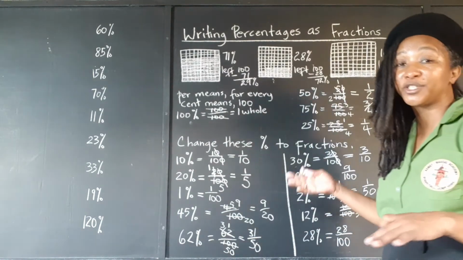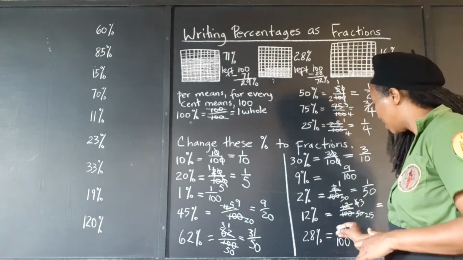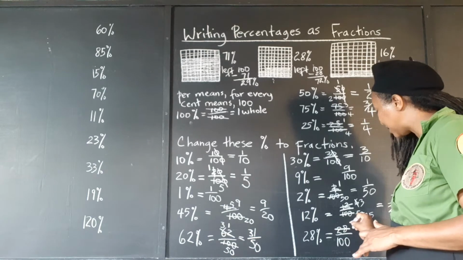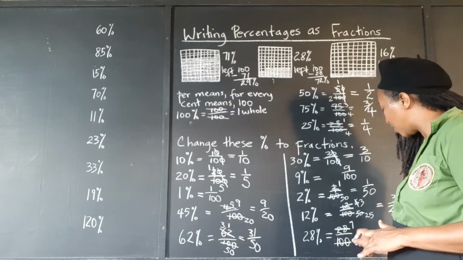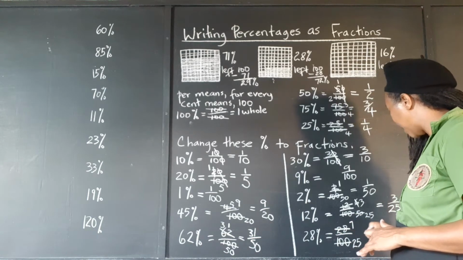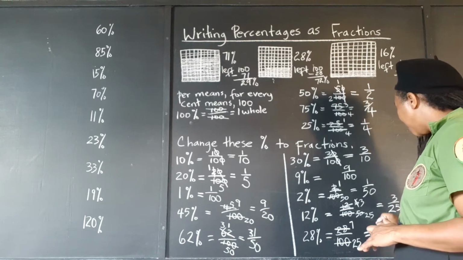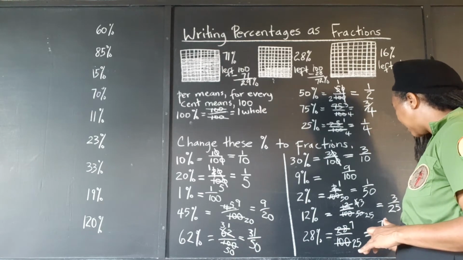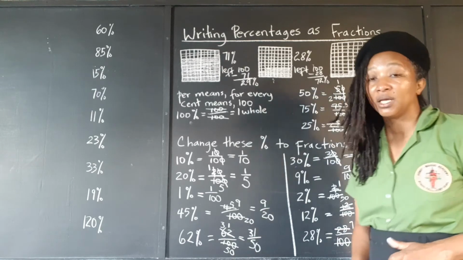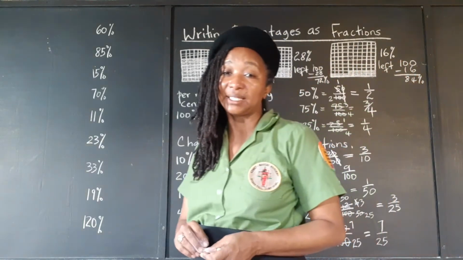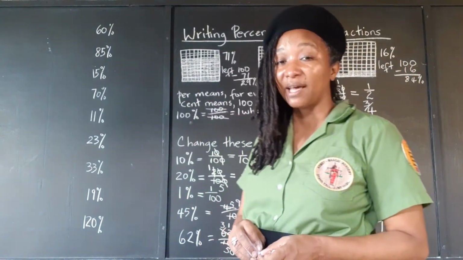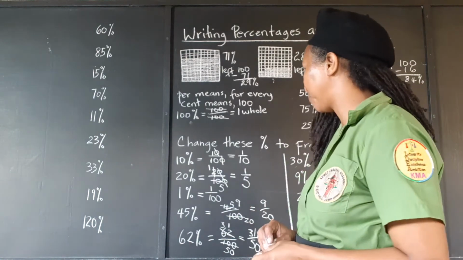We're just going to go straight and use the 4. So 4 goes into 28 7 times. 4 goes into 100 25 times. The final answer is 7 over 25. 28% in its simplest form is 7 out of 25.